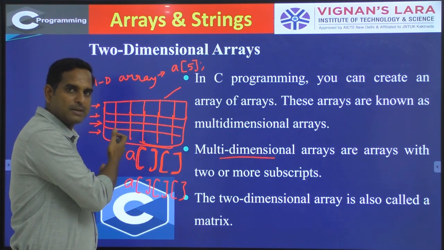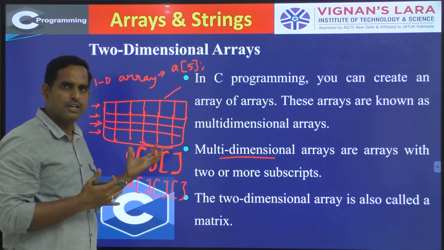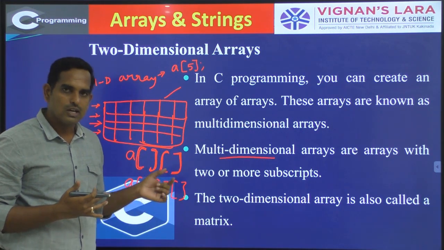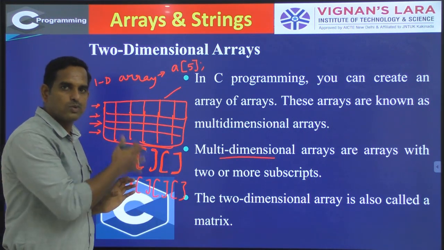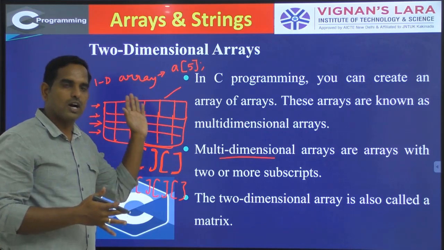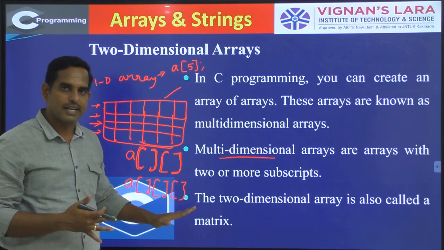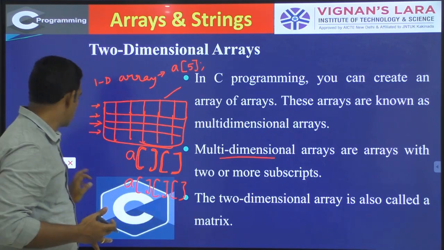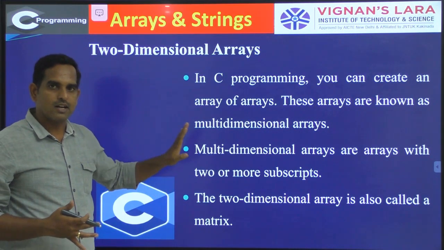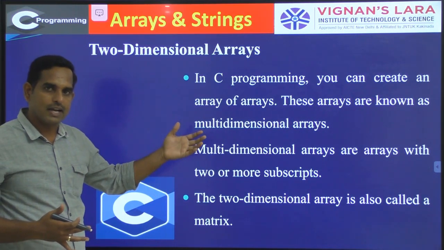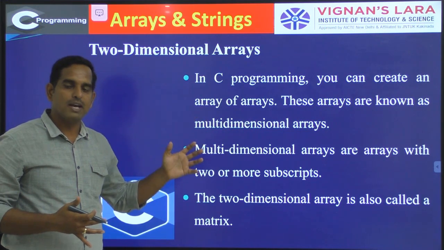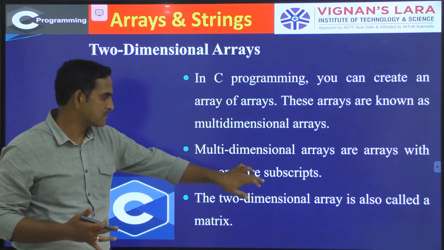That matrix will be represented in a programming language by using two-dimensional arrays. So, we are going to apply all the concepts you have learned in one-dimensional arrays to two-dimensional arrays. A two-dimensional or multi-dimensional array is like an array of arrays where you have more than one subscript.